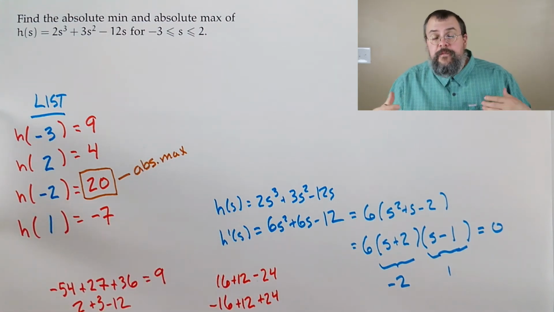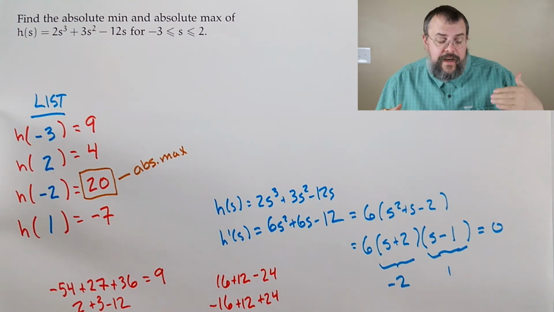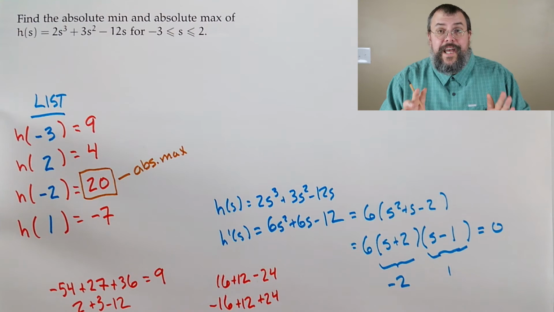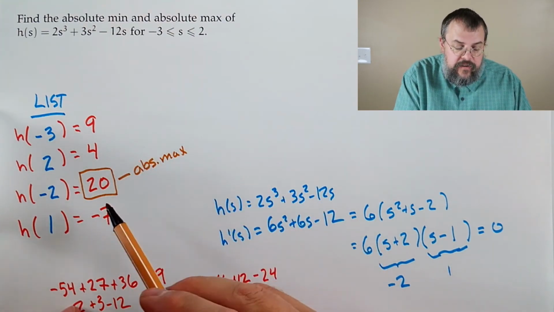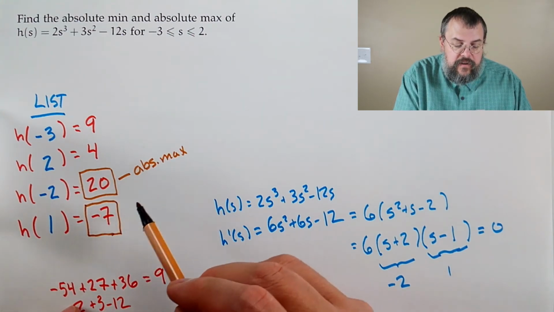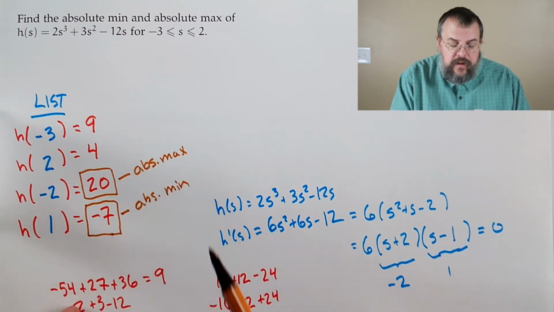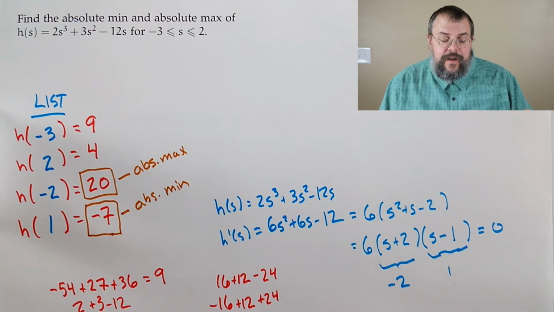Keep in mind that for some functions, you might get the absolute max appearing several times. In other words, you might have the same output, that's the largest, occurring more than once. That's okay. No problem. The smallest output, well, that's the negative 7. All right, so that's our absolute min. And now we're done because we were after the question: what's the absolute max and absolute min?